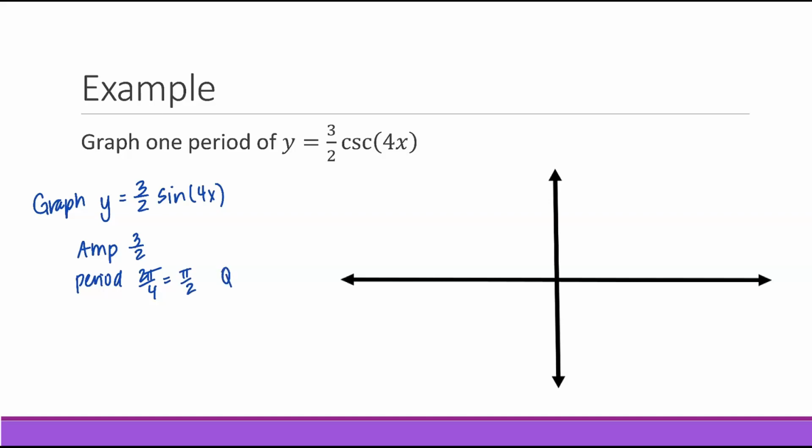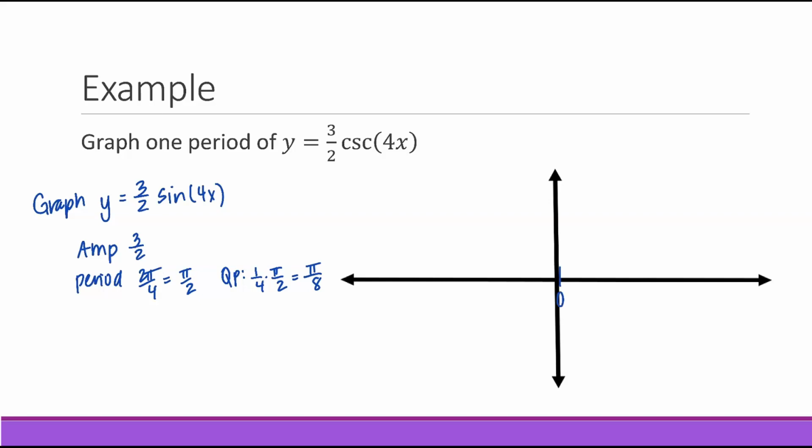The quarter period is 1/4 of the period, 1/4 of pi over 2, so that's pi over 8. And there's no reflection to this graph, and there's no phase shift or vertical translation to worry about. So we'll just go ahead and start to label our axes.